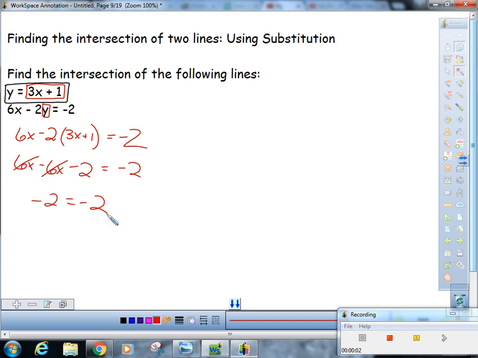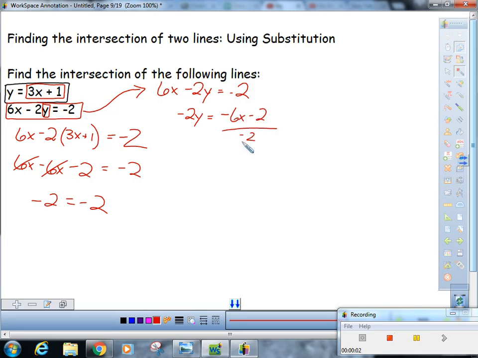Okay? So, let me explain what's happening here. Let me take this equation down here and rewrite it. You get 6x minus 2y equals negative 2. Let's write it in y equals mx plus b form. So negative 2y is negative 6x minus 2. Divide each side by negative 2. You get y equals 3x plus 1.